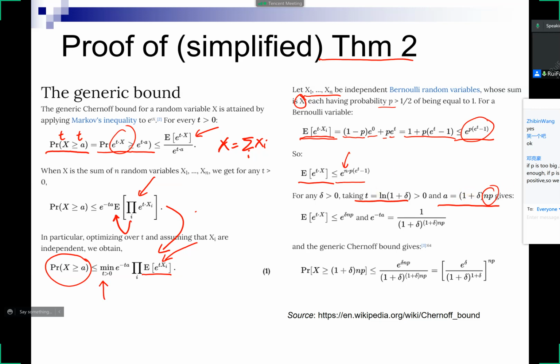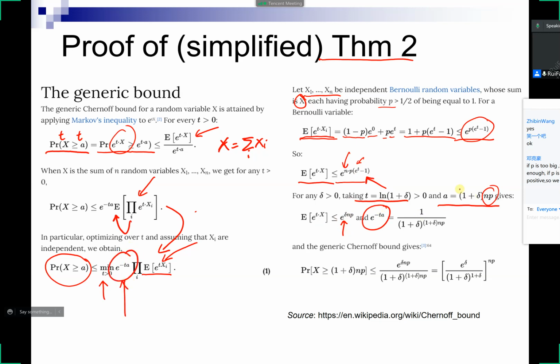So you take t this way and you take a this way, and now you just plug it into this formula. If you plug in t over here, you can simplify this to that thing. And then also we need to look at this e to the negative ta power.